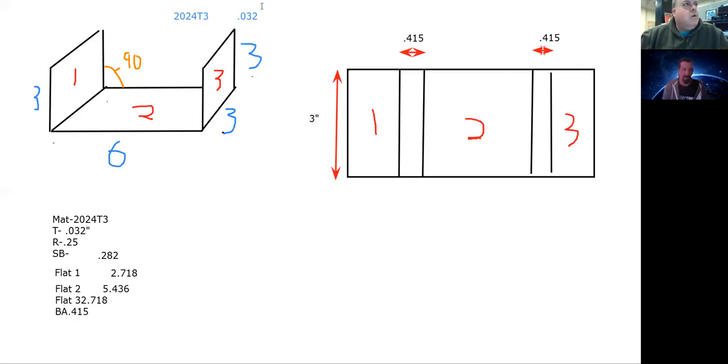So now we'll have a flat 1 dimension, a flat 2 dimension, and a flat 3. What will flat 1 be? 2.718. And what will flat 2 be? It'll be 5.436.